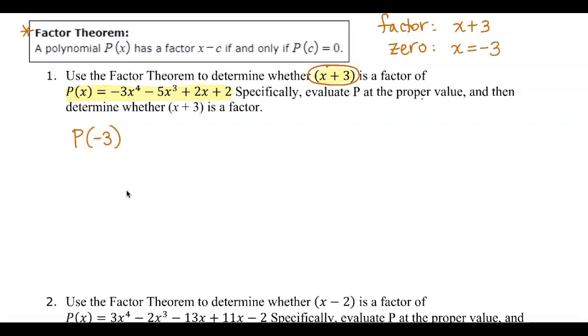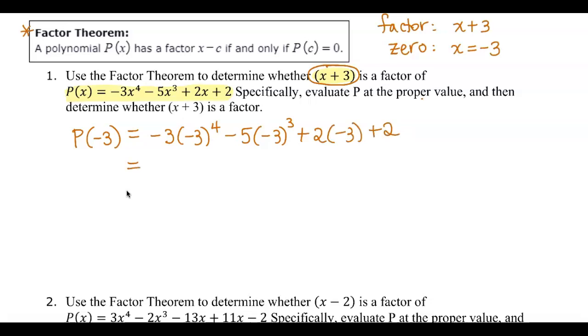So I'm going to evaluate p of negative 3. I will go ahead and use direct substitution. And guess what we are expecting to get for the remainder? We'll see about that.